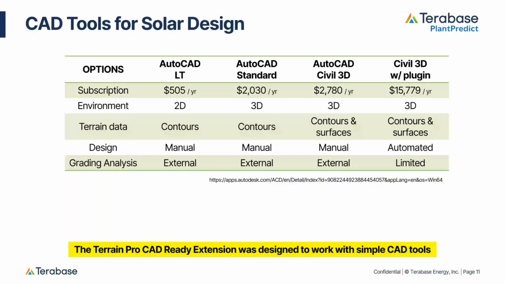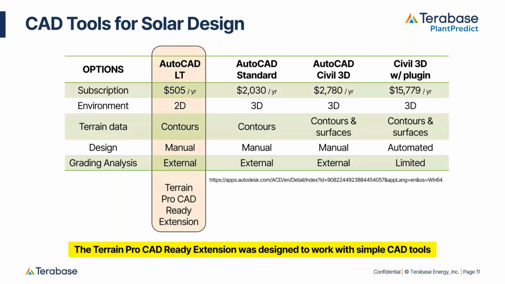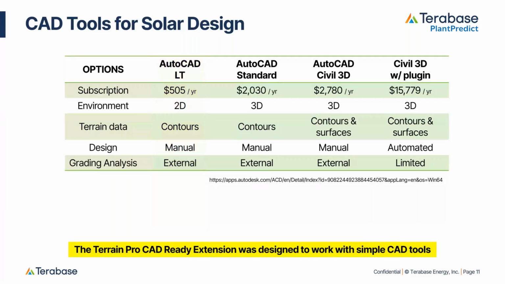All right, and this now brings us to CAD solutions. So let's take a moment to discuss the role of CAD software in our site design and earthwork calculations. So what does the current landscape look like? We have CAD software costs that range from $500 to over $15,000.